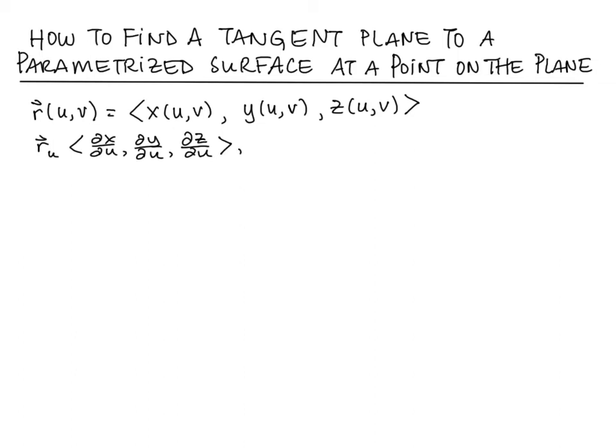And the derivative with respect to v is going to be partial x partial v, partial y partial v, and partial z partial v. There are infinitely many tangent vectors at a point on a plane, but let's look at these two and think about why the derivative with respect to u and the derivative with respect to v are tangent vectors to the surface.